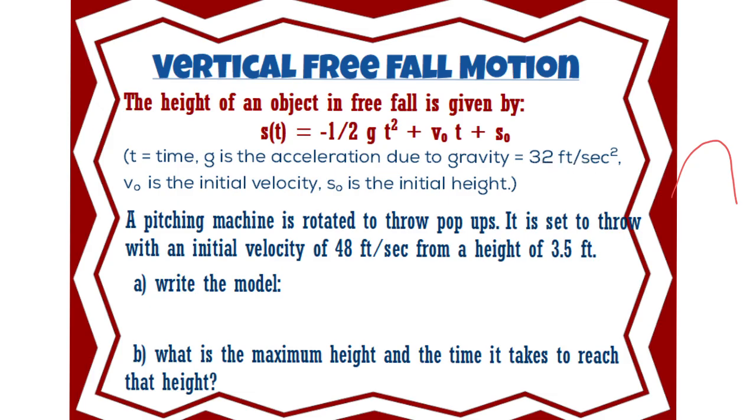If you're in physics, you may be more familiar with 9.8 meters per square second, but here we will always use feet. g is always going to be 32, and ultimately you take half of that, that's 16, so it's a negative 16. Sometimes you just see this formula written with the negative 16 here.